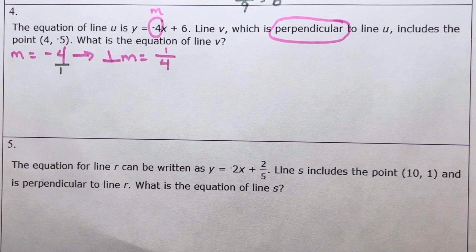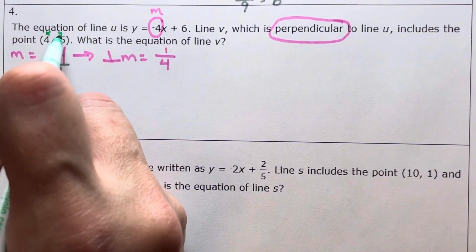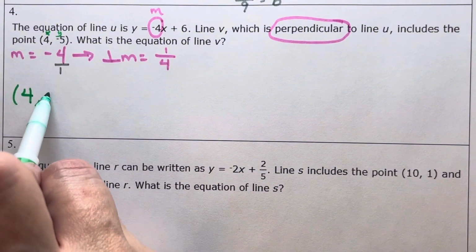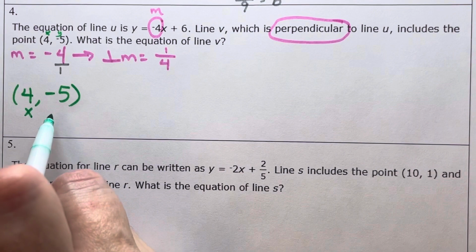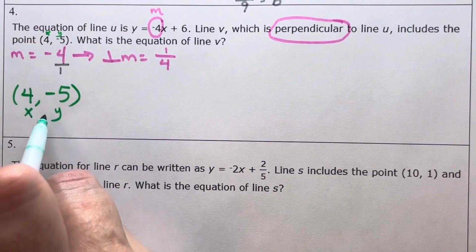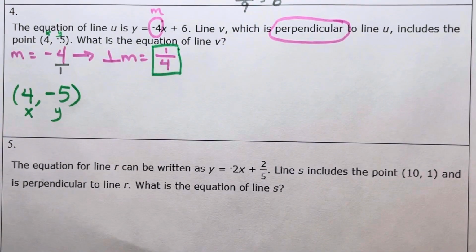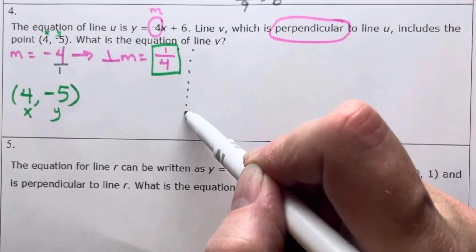All right, good deal. So now here's my original coordinate point that they gave me to use to find this corresponding line that's traveling through this coordinate plane. We're going to plug our perpendicular line's slope and its coordinate point into the slope-intercept form of the equation.